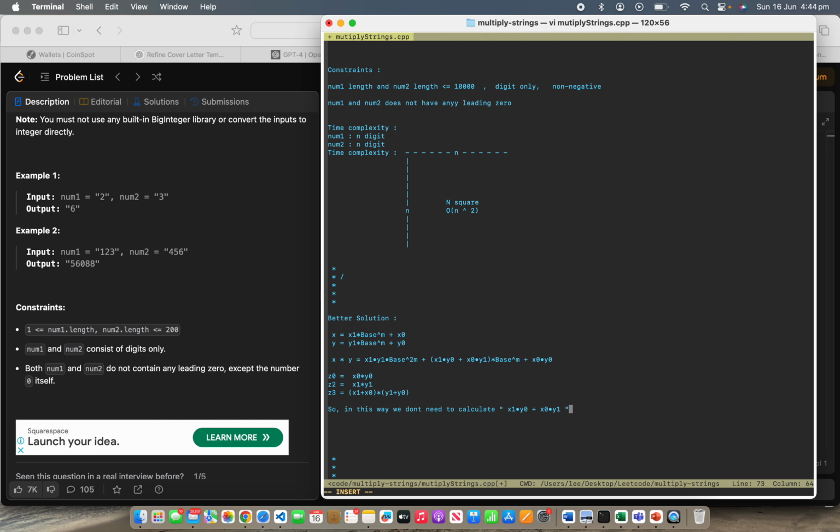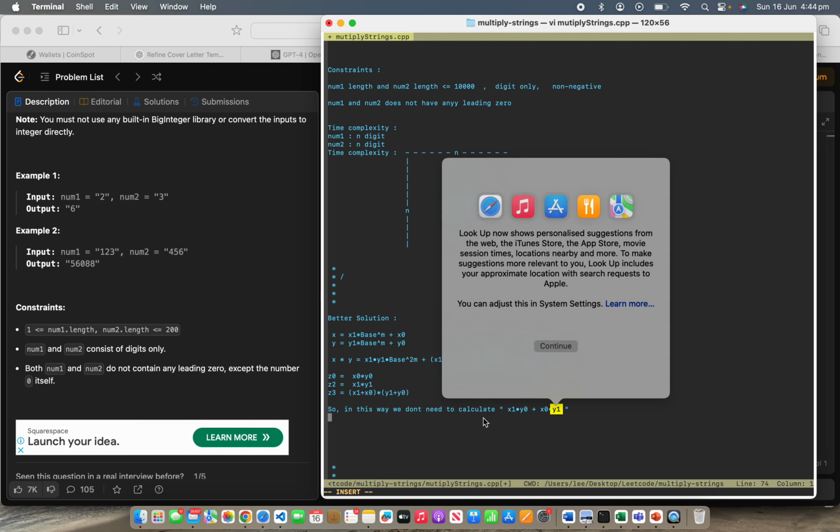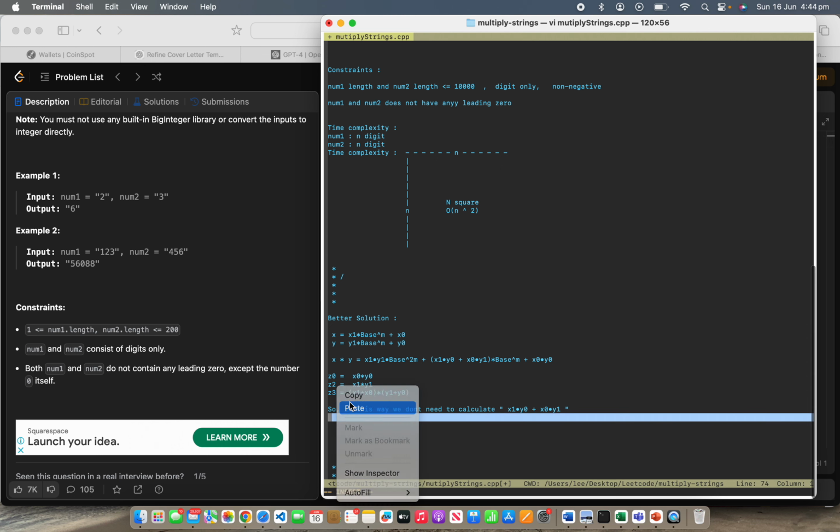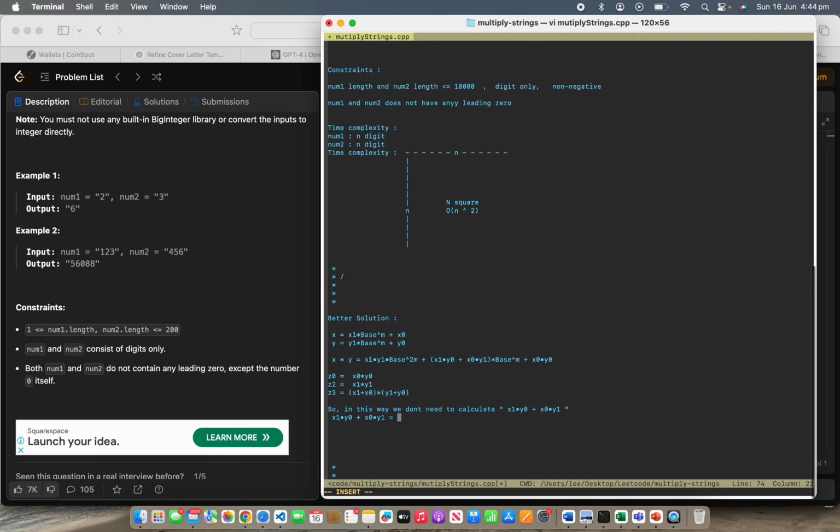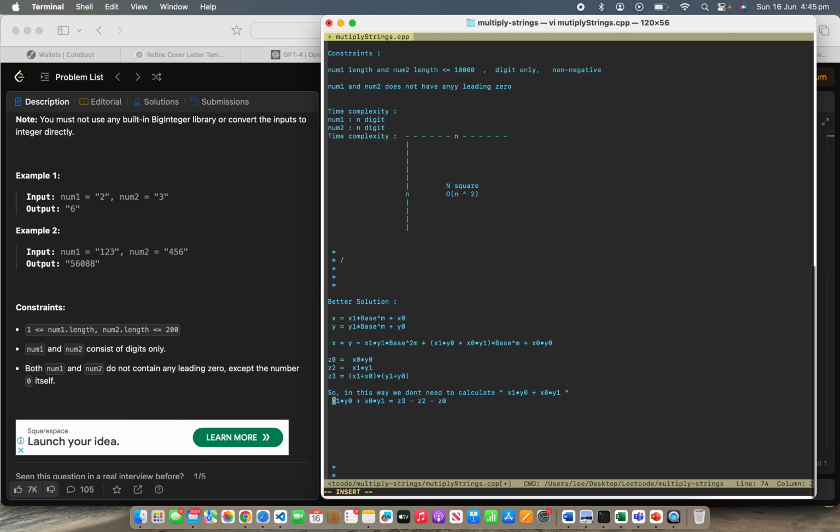So this time this formula is equal to Z3 minus Z2 minus, sorry, minus Z0. We don't have Z1. Okay. So this is Karatsuba multiplication. This is the idea of it. So this time we can simplify this formula to the following formula.